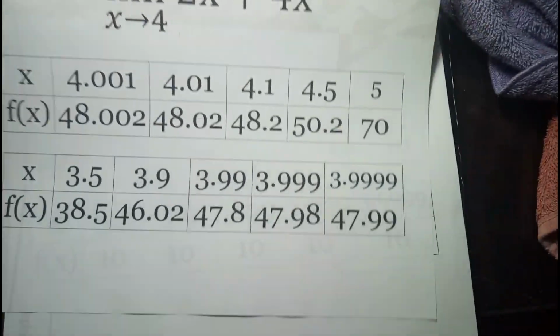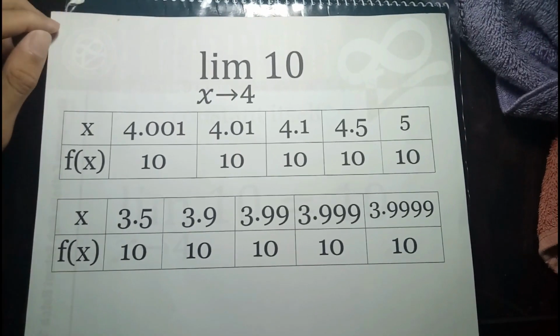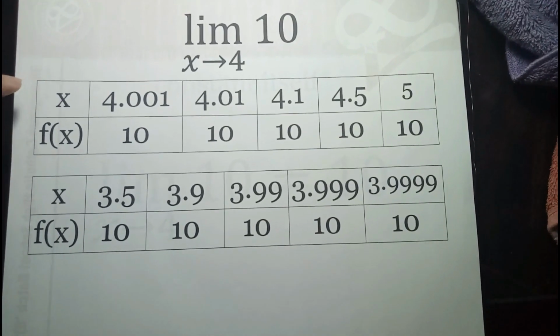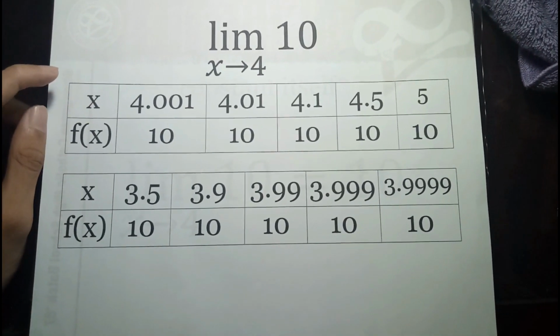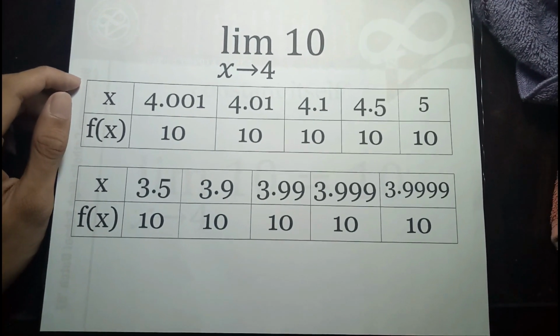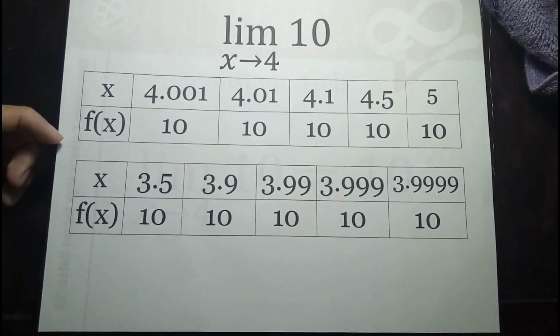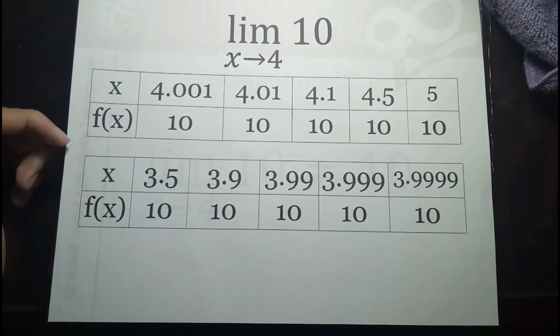And now, we'll be having our last and final example. Limit of 10 as x approaches 4 on both sides. The values of x on the right side are 4.001, 4.01, 4.1, 4.5, and 5, and their corresponding f of x are 10, 10, 10, 10, and 10.